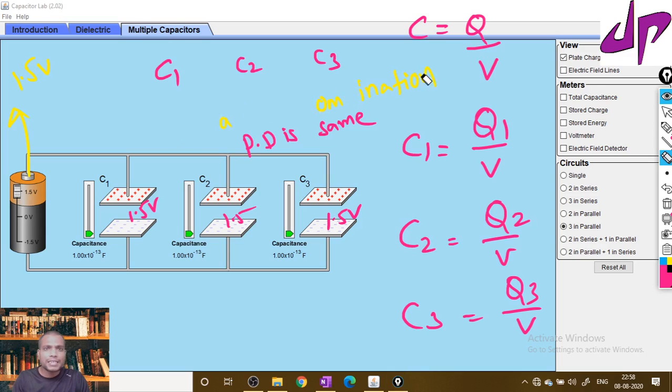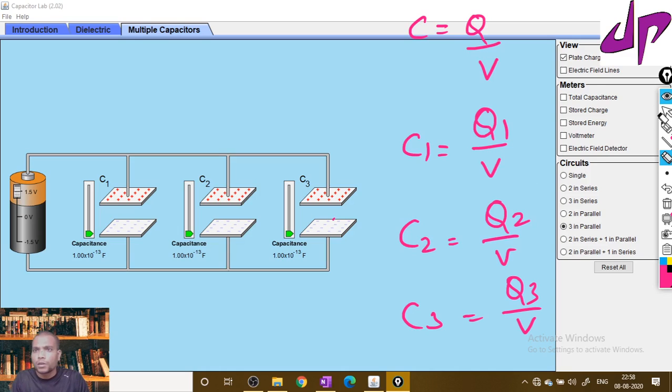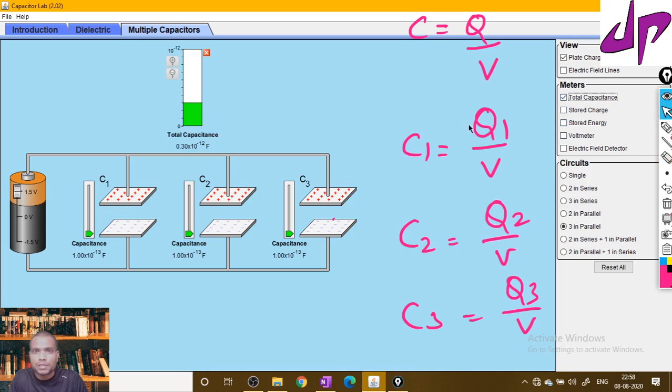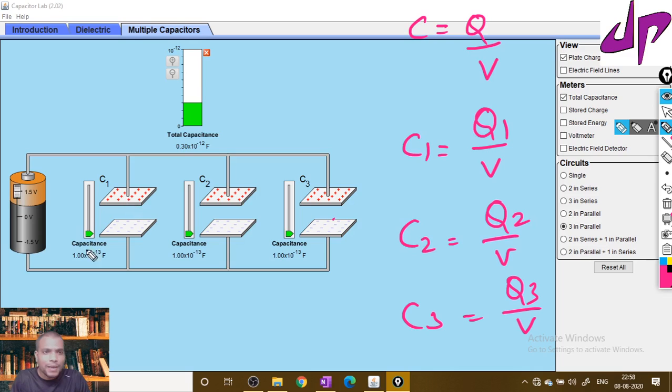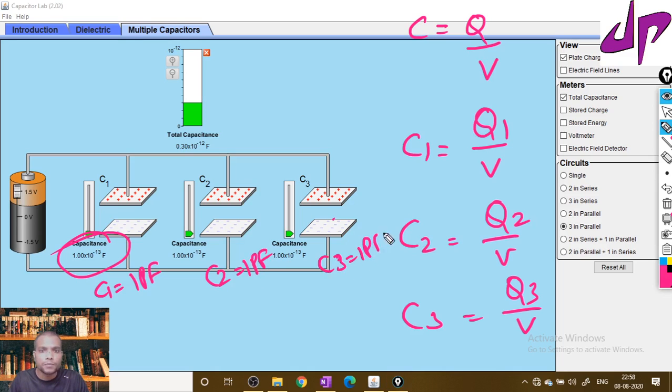Suppose I see here the total capacitance with the help of a total capacitance meter. First we see the capacitance of each individual capacitor: C1 equals 1 picofarad, C2 also 1 picofarad, and C3 also 1 picofarad.